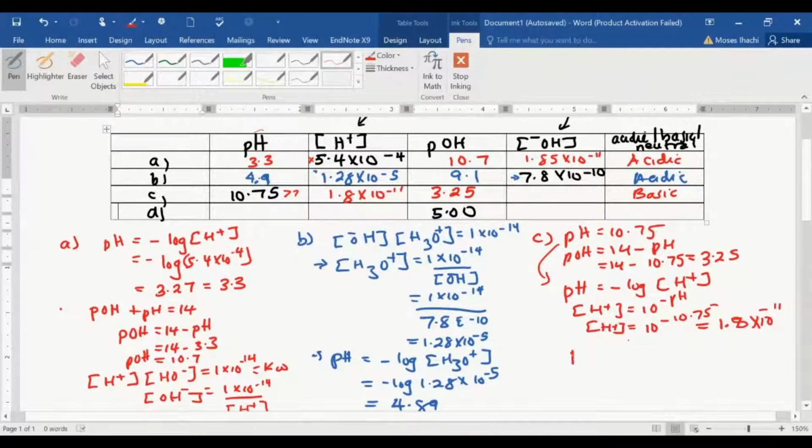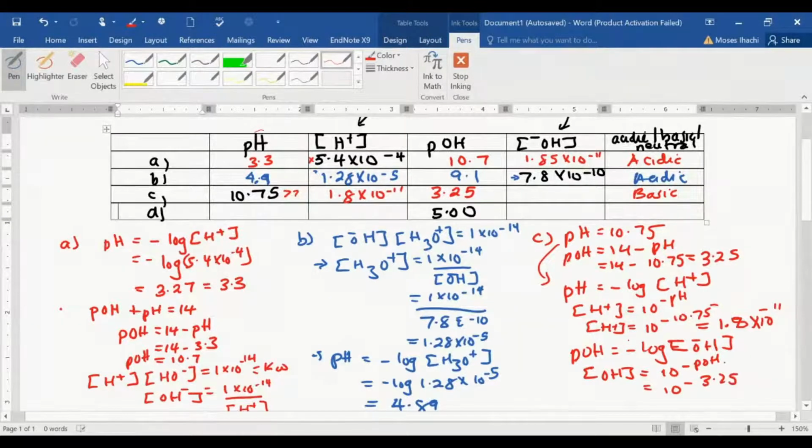pOH equals negative log of the concentration of the base. So the concentration of the base can be gotten by saying the antilog of negative pOH, which of course is the antilog of negative 3.25, because our pOH is right here.